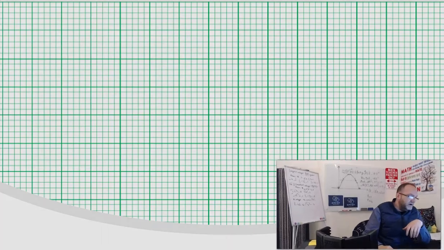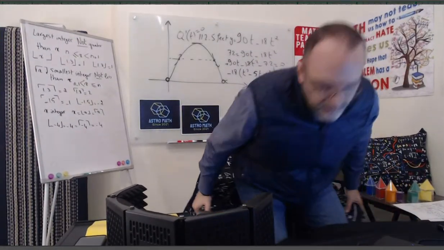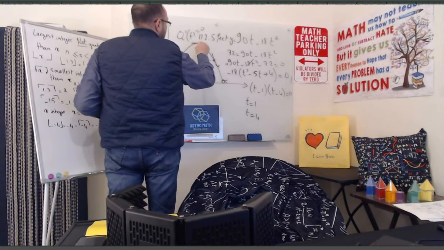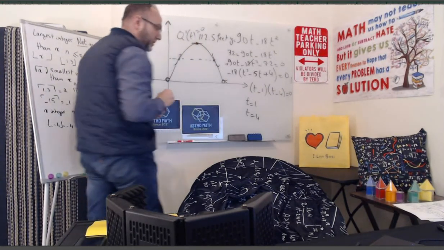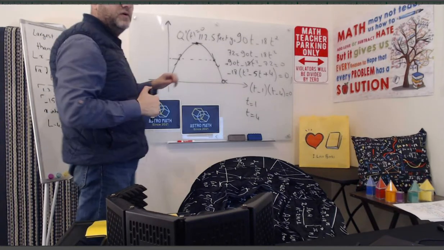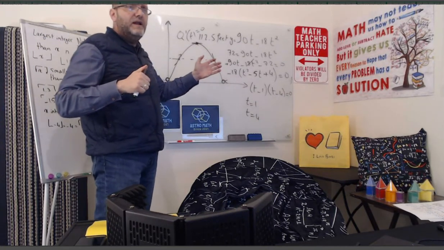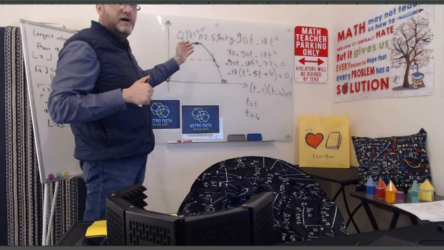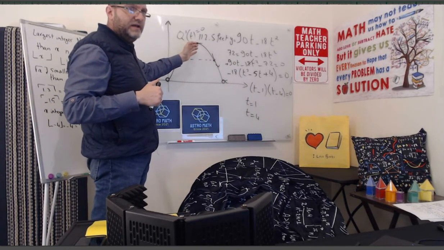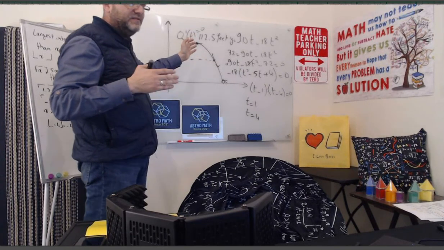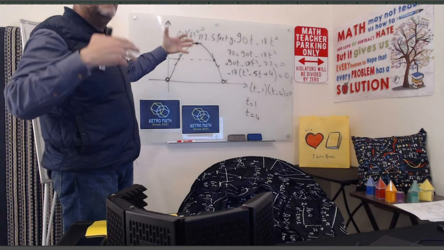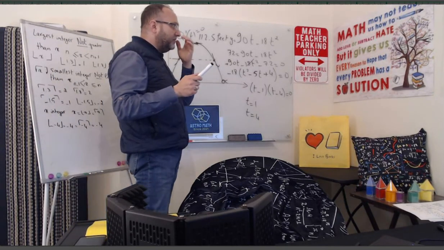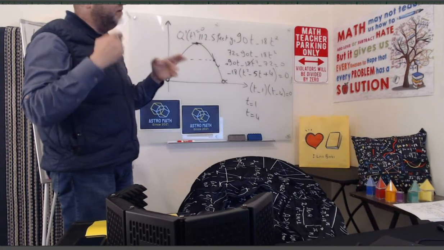So let's move back here. Right up here, this is a stationary point, because for a tiny instant in time, the ball is not moving. A tiny instant, like less than a nanofraction of a second. The ball is not moving. And it's also a turning point. Remember that very well. A TP, I call it, so you can remember it.